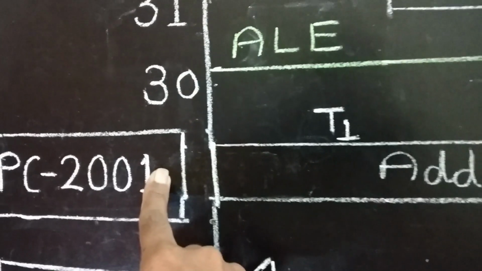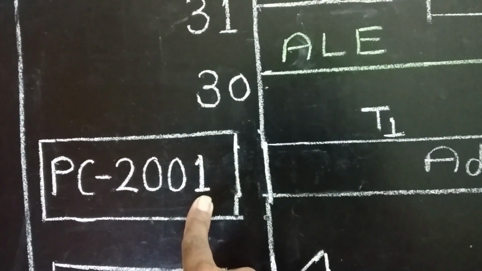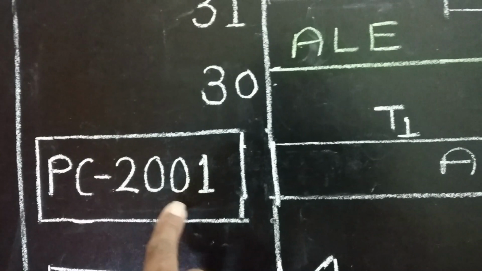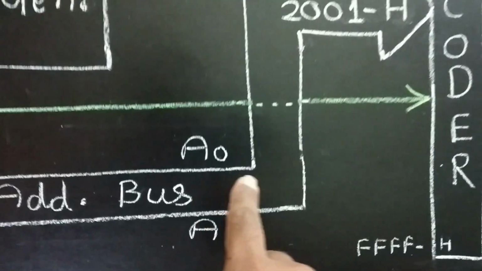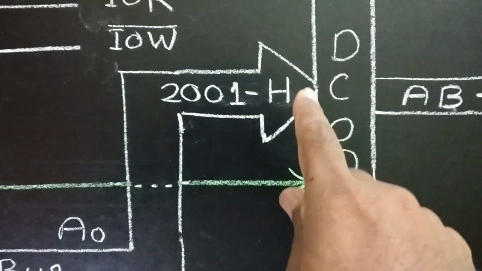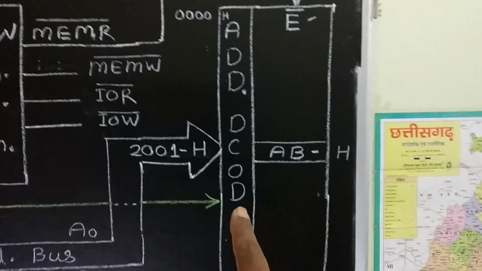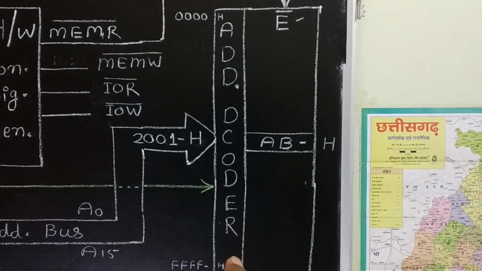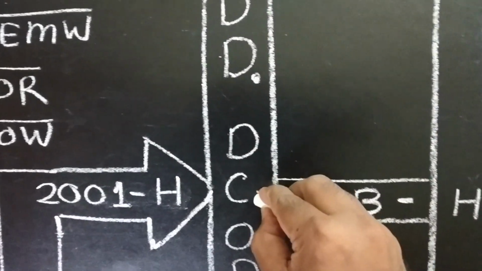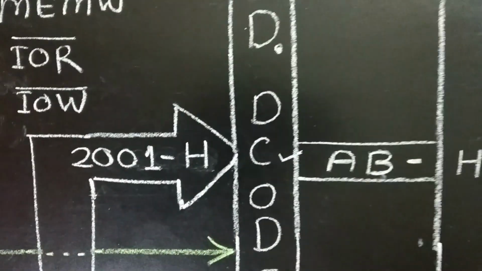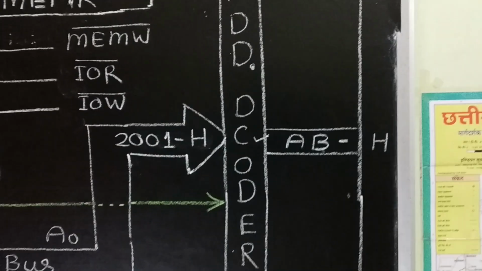This is in hexadecimal, so for each hexadecimal digit we have 4 binary bits. So 4, 4, 4, 4: 16 wires are there. These 16 wires are carrying the address of the location. And when this address is fed to the address decoder, it activates this location.